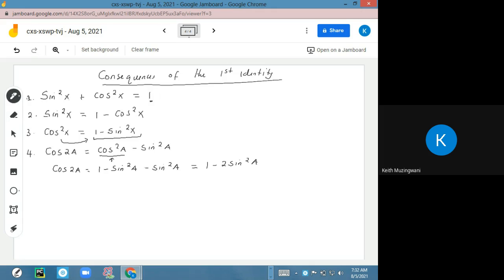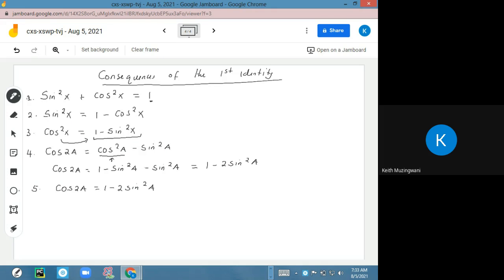Okay. So from this one, we also have this as an identity on its own, the fifth identity: 1 minus 2 sine squared a.